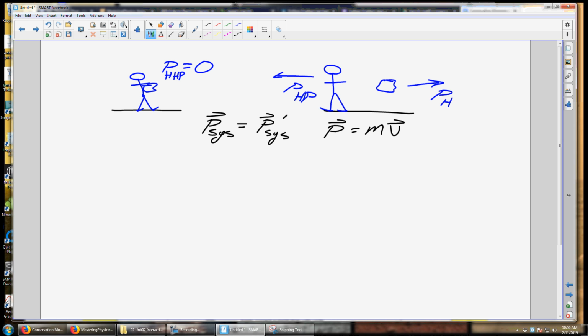We'll change that to HP. So, momentum of HP equals, now, momentum of HP, the vector, plus momentum of H, the vector.